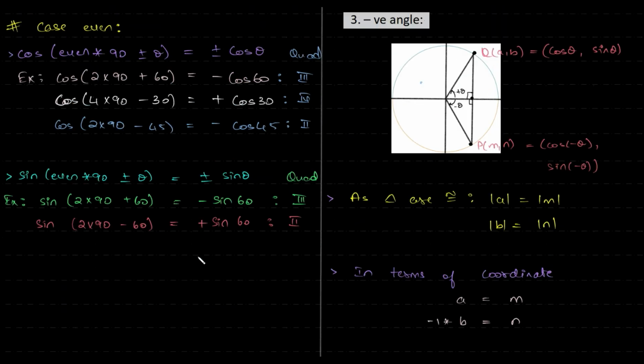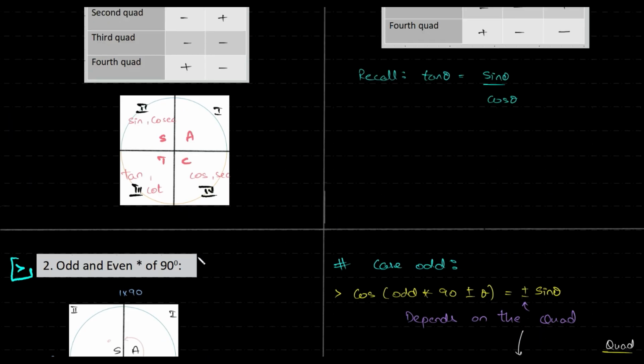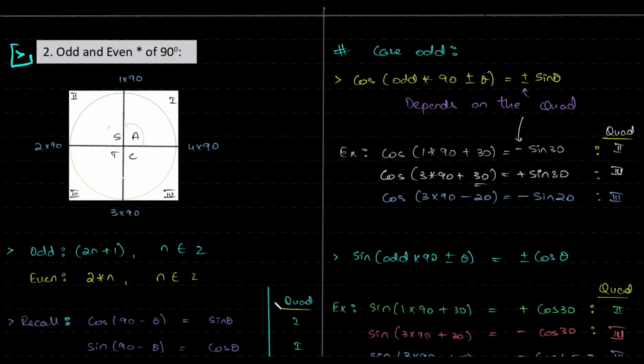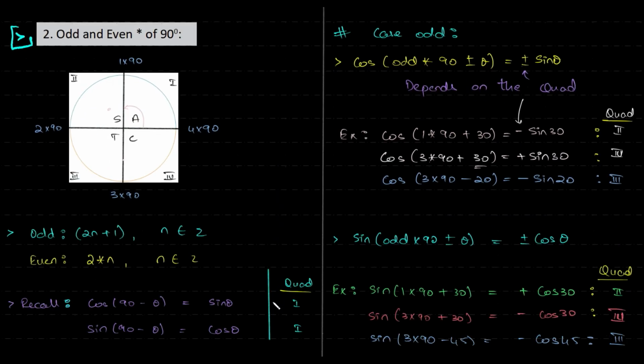Okay, so let me summarize whatever we did now. First thing, we saw the nature of sine, cos and tan in different quadrants. I summarized it as all students take coffee. So in the second quadrant, sine and cosec are positive. Third quadrant, tan and cot are positive. In the fourth quadrant, cos and sec are positive. Next, when it comes to odd multiples and even multiples of 90 for different trigonometric functions, all we have to do is take complementary angles.